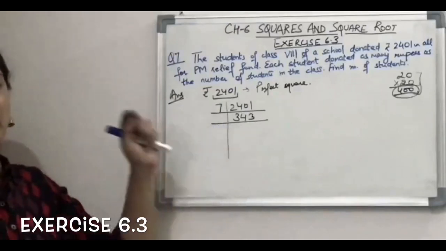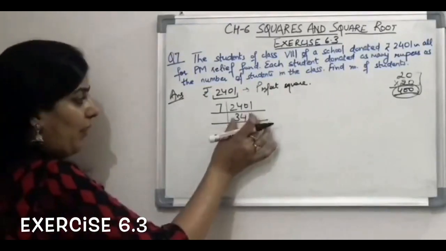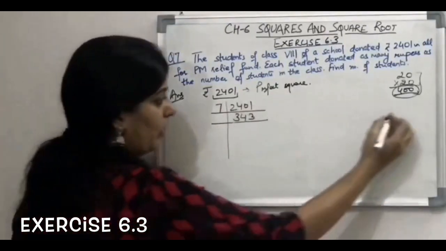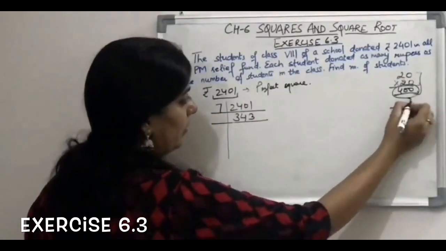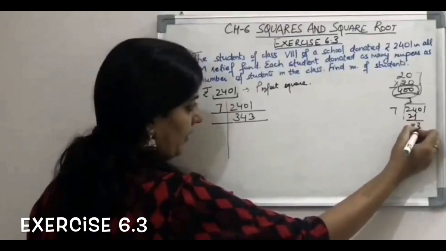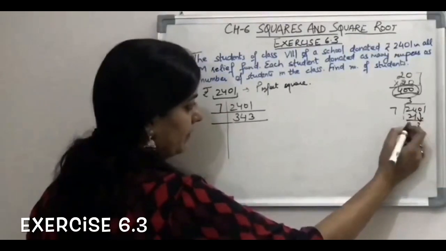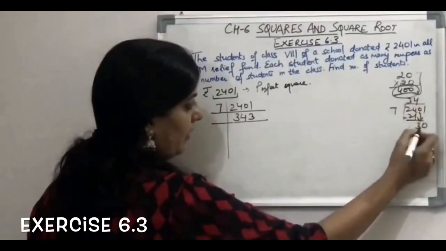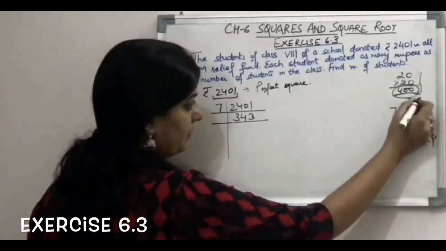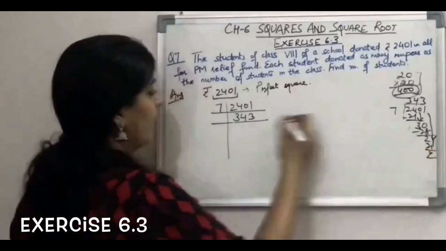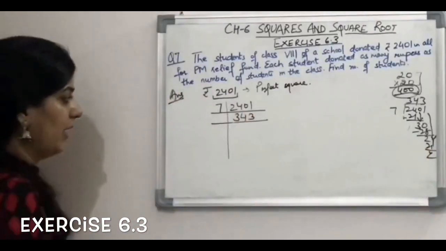343 आया. I have told you many times, अगर ये आपको ऐसे directly करना नहीं आ रहा तो you can also divide it in rough and do it. आप ये हमेशा रफ में करके चेक कर सकते हो. So that is how I've got 343.